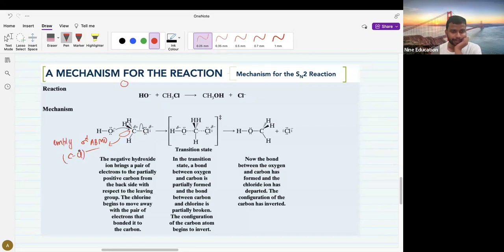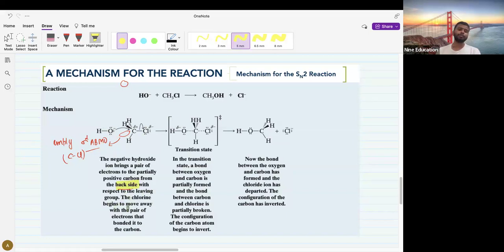So it will attack the empty sigma anti-bonding molecular orbital and donate its electron pair towards it. So क्या होता है? This negative hydroxide brings a pair of electrons to the partially positive carbon from the backside. It is coming from the backside with respect to the leaving group. So the leaving group is going from the front side and OH minus comes by backside attack.